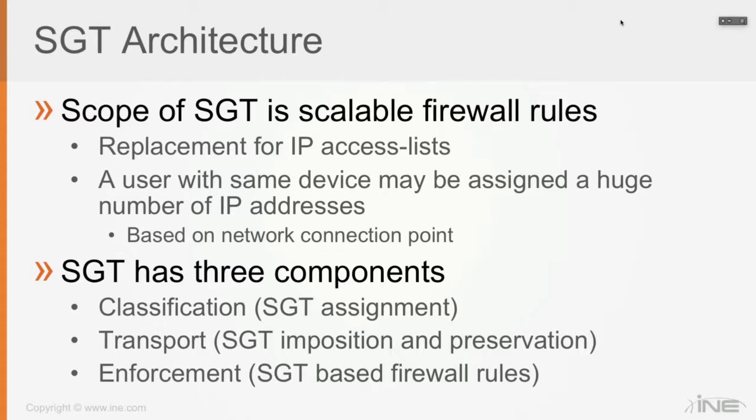So impose the label, that SGT value, and preserve the label in the network as traffic flows through the network. And the third part is, of course, enforcement, meaning we're going to go in our network in specific places and configure firewall rules based on SGT values, not based on IP addresses or usernames.